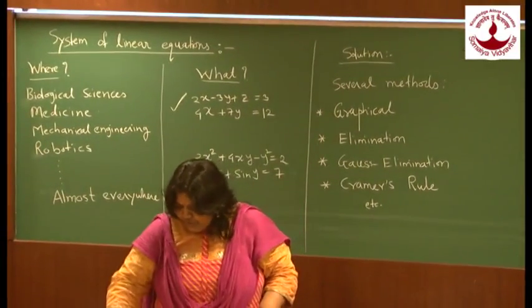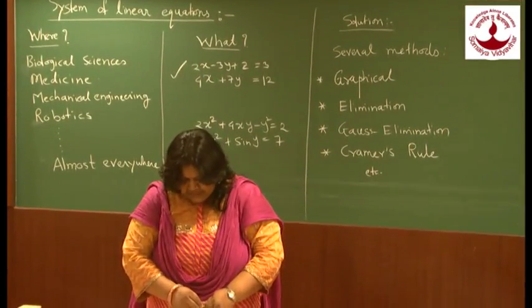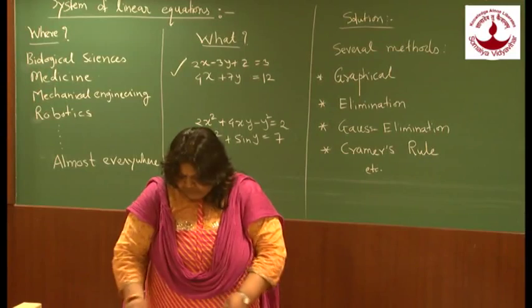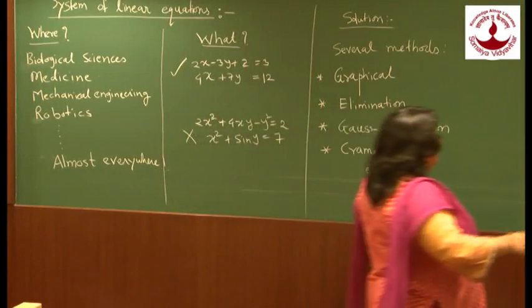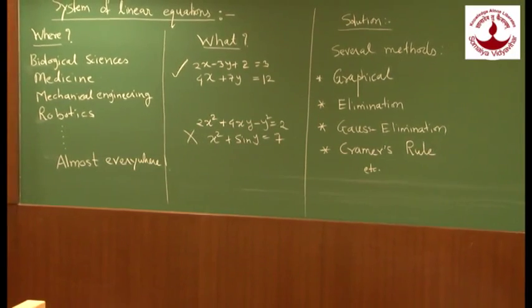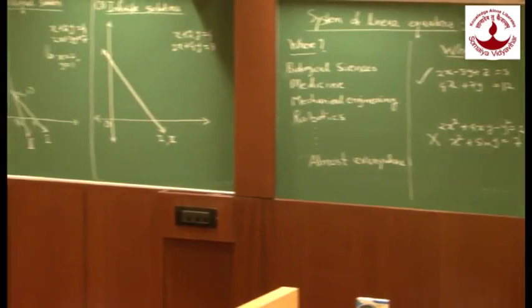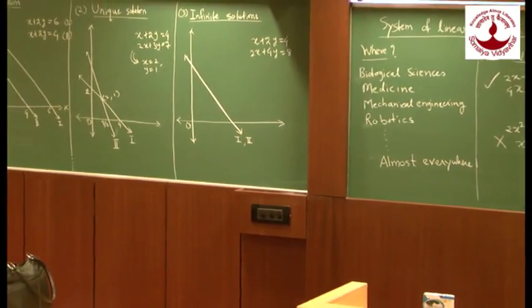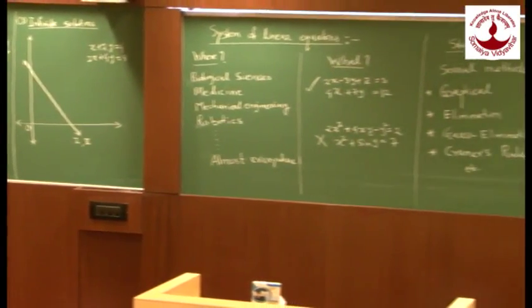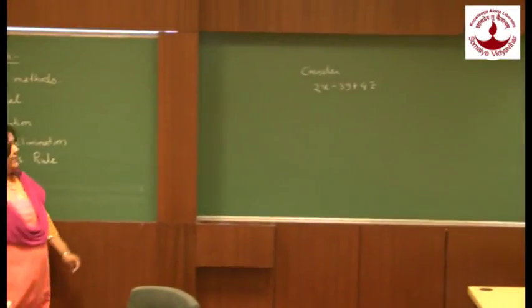Next I will show you the elimination method. How to use the elimination method. So consider 2x minus 3y plus 4z, and one more equation I will take, 3x plus y plus z.